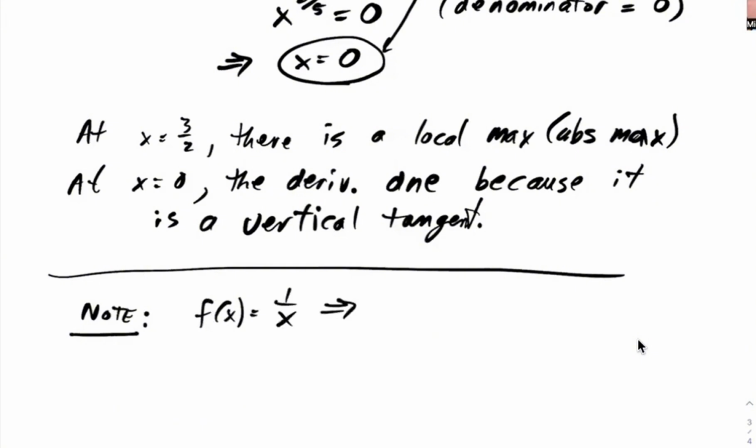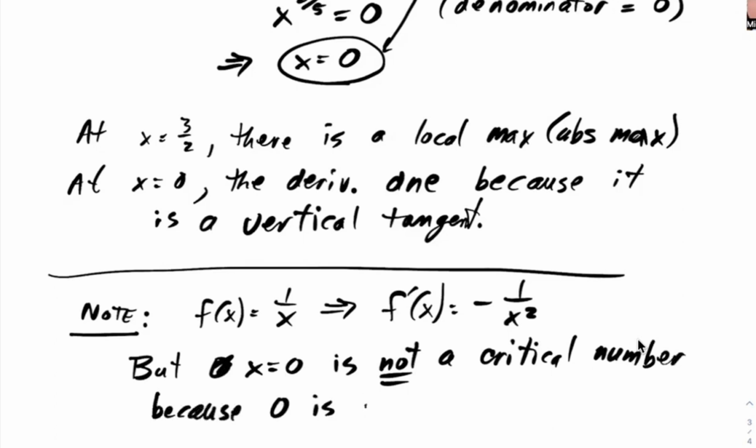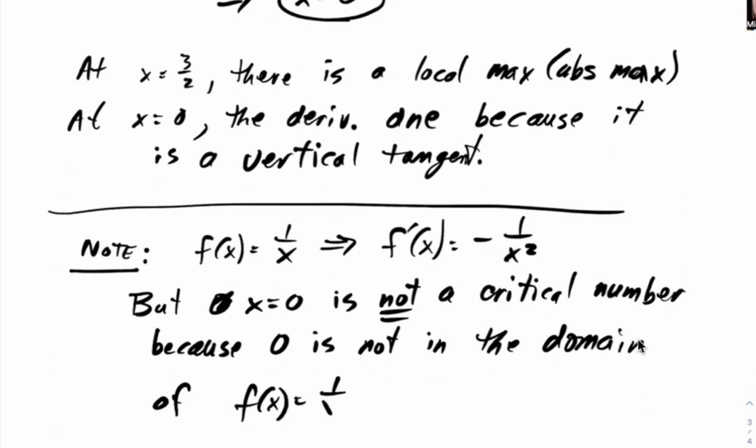That would mean the derivative would be negative 1 over x squared. But 0 is not a critical number because 0 is not in the domain of the original function. So if the derivative equals 0 at a point, it's only a critical number if that original x value was in the domain of the original function.